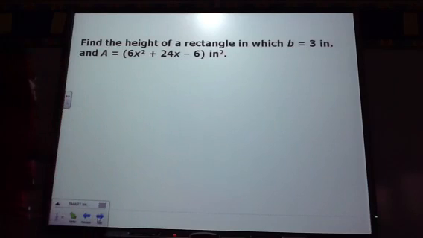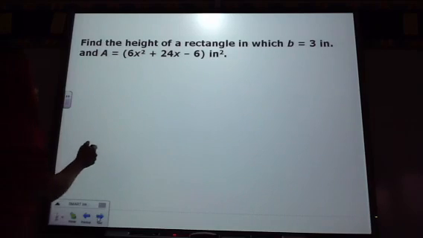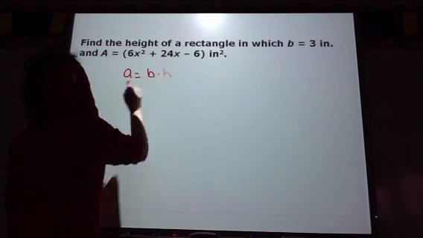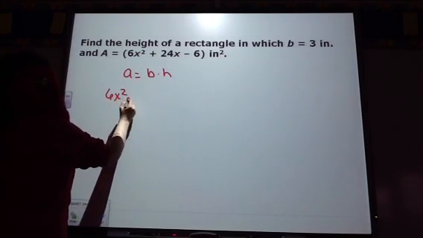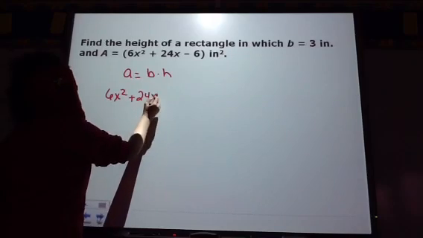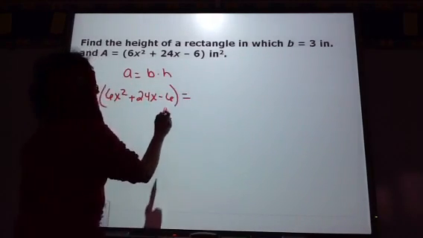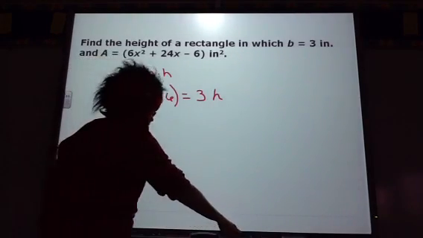Okay, find the height of a rectangle in which the base is 3 inches and the area is given here. Okay, so we have base times height. Our area is 6x squared plus 24x minus 6, and our base is 3. We are trying to find the height.